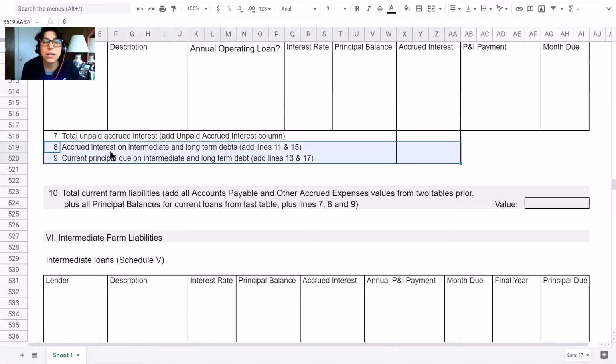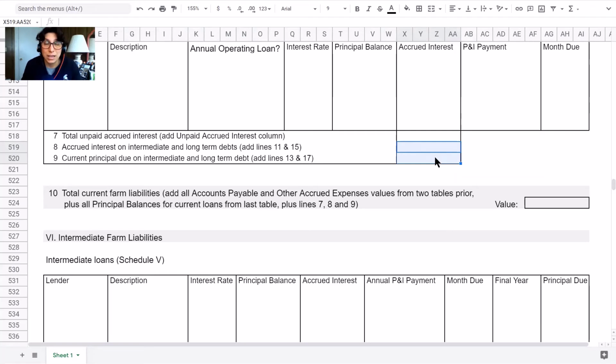But basically what we're going to do on these two lines is add to the current loans accrued interest the current portion of your intermediate loans or long-term loans, so that we can have basically what interest we're going to be paying this year.